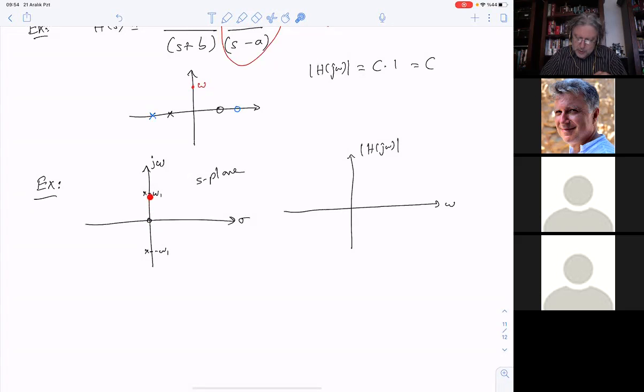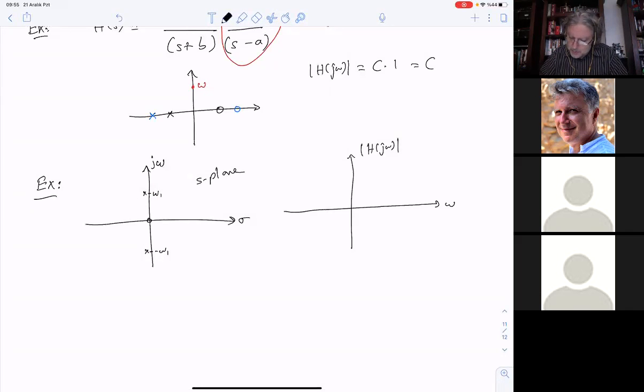As you come closer to this pole, the distance between the pole and the frequency becomes smaller and smaller, and it's in the denominator. Of course, there will be other distances from this zero and from this pole as well. But the decisive thing will be the distance to this pole, because it will be very small in the denominator. If the denominator is small, the magnitude response will be larger.